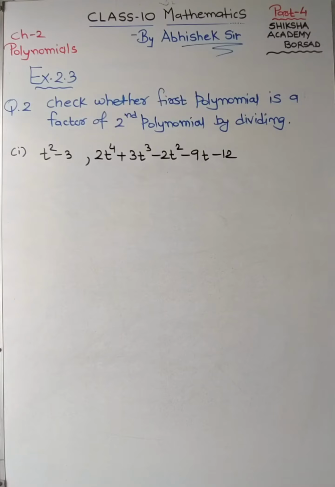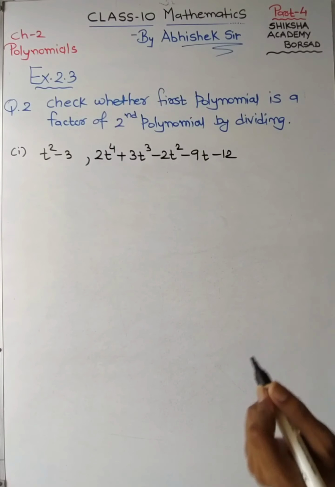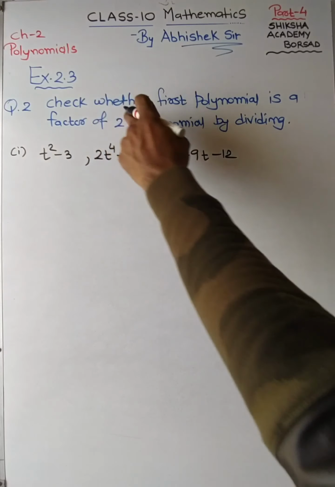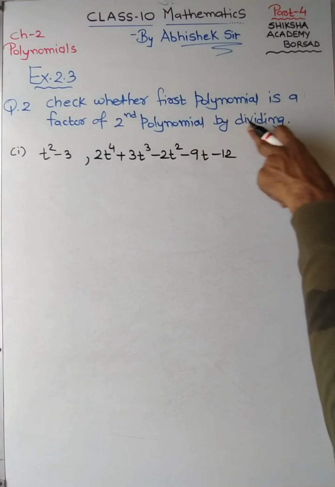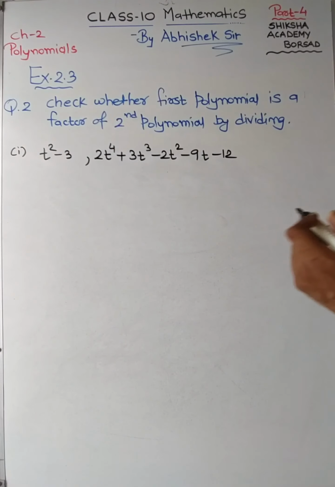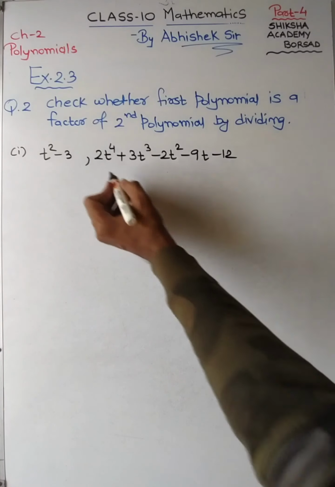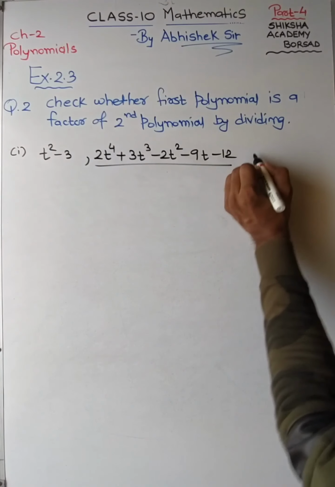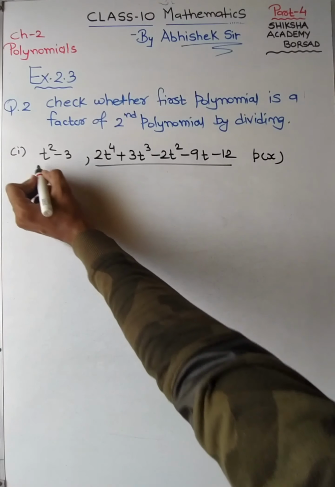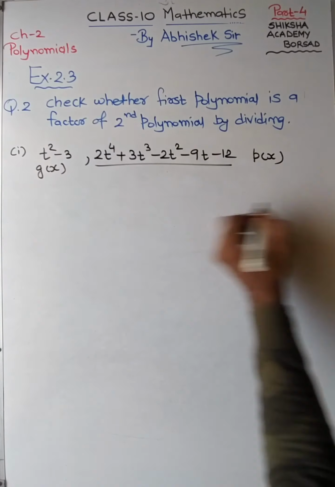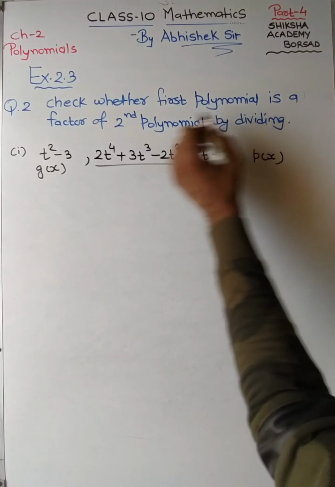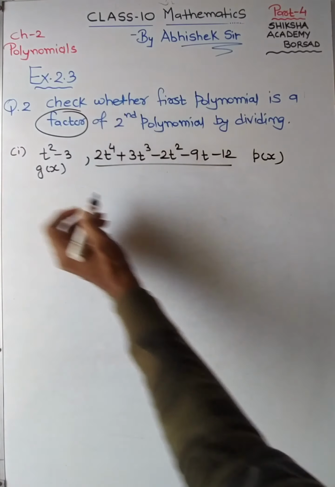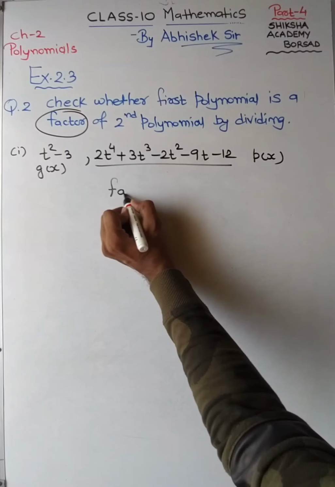Now moving ahead with question number 2, read the question very carefully. Check whether first polynomial is the factor of second polynomial. How we will check? By dividing. So just by using common sense, this is our p of x and this is our g of x. So divide p of x by g of x. Now how to decide whether this is a factor?